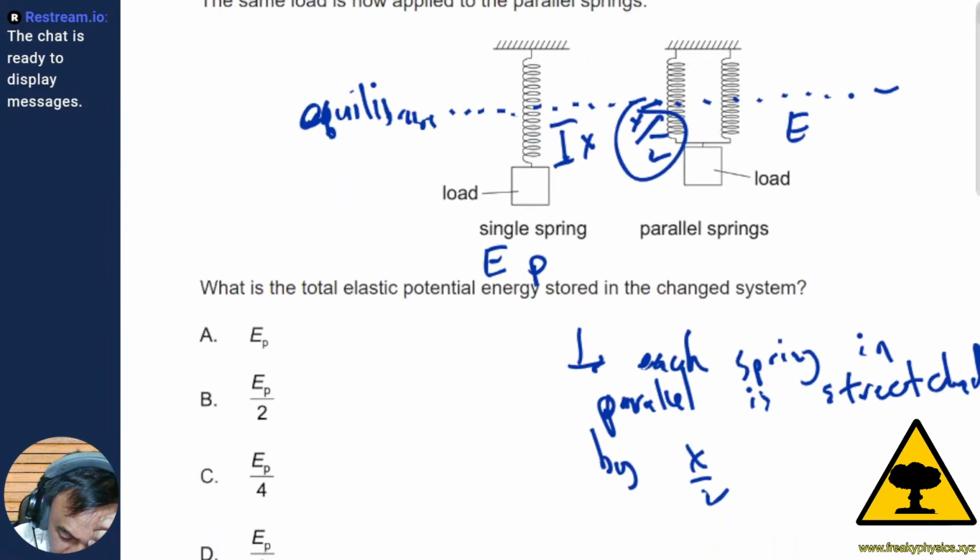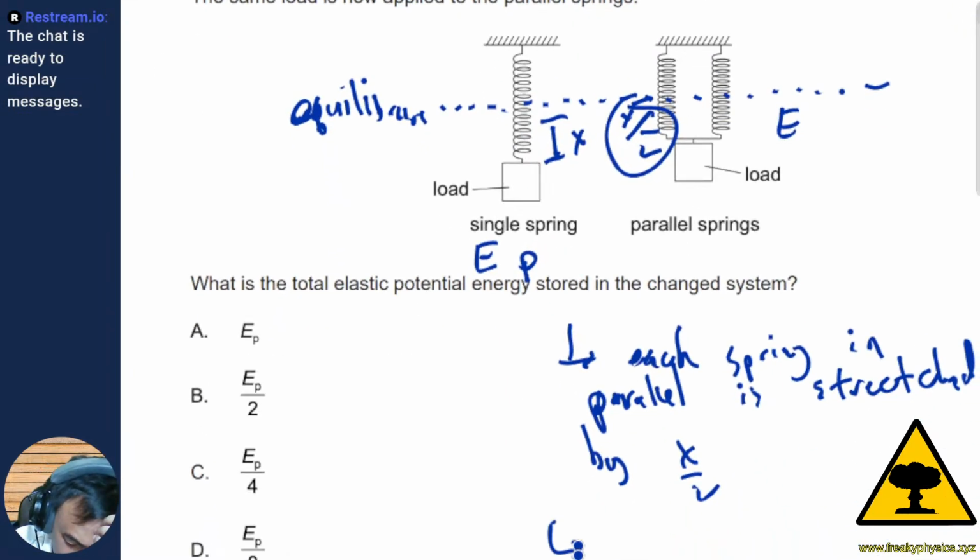So that means each spring has energy equal to 1/4 EP.